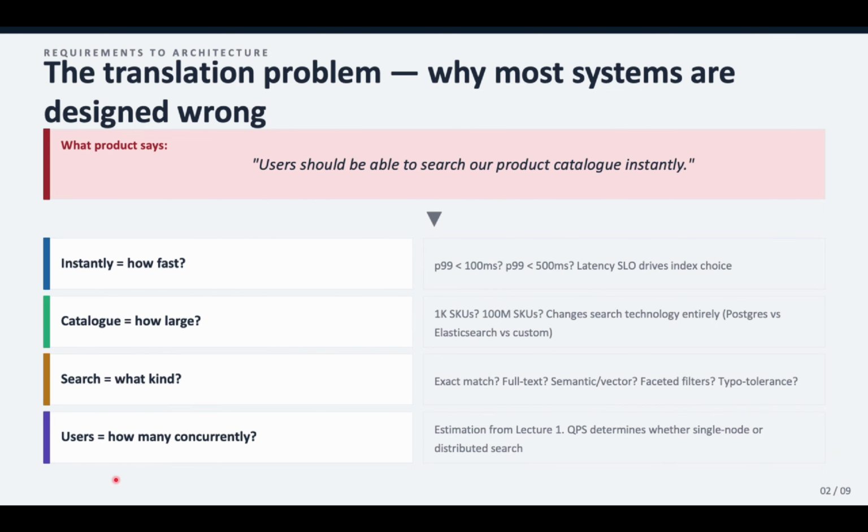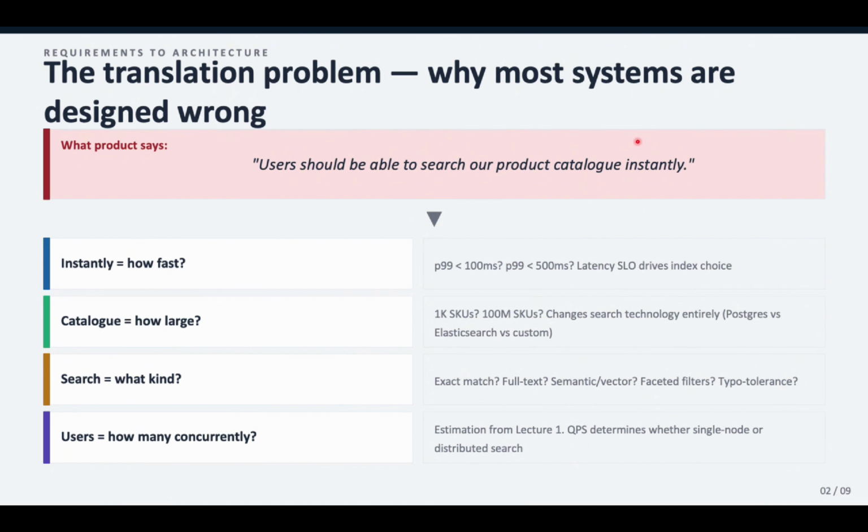And then we have question number 4, which is, how many users search simultaneously? This is the estimation we did in the first lecture of this section. QPS determines whether a single search server handles it or whether we need a distributed search cluster with load balancing.